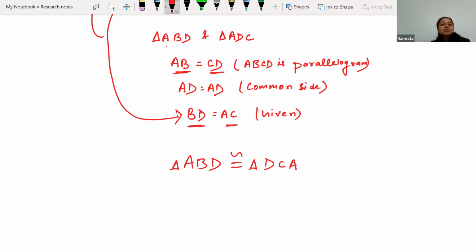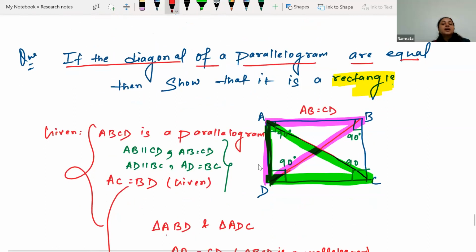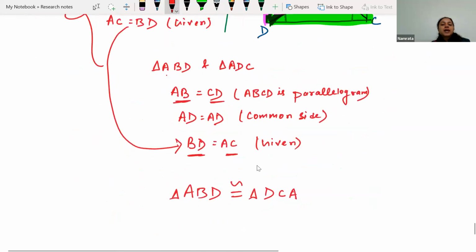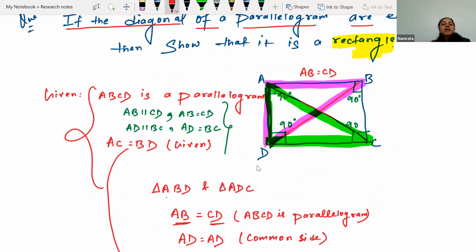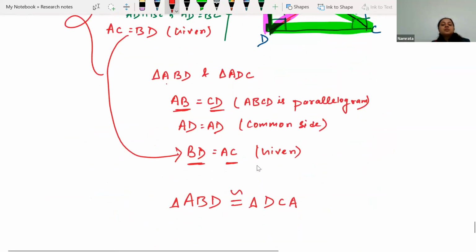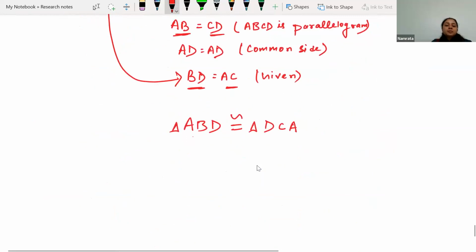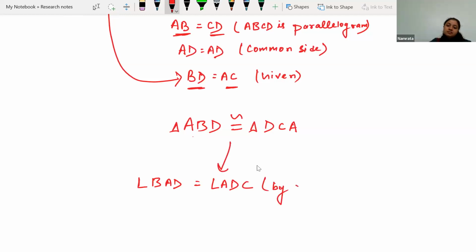Now what do we want to prove? We want to prove that each interior angle is 90 degrees. For the pink triangle, what is the name? ABD. For the pink triangle, angle BAD, that's what we wanted to prove as 90 degrees. Here angle BAD is equal to angle ADC by CPCT.